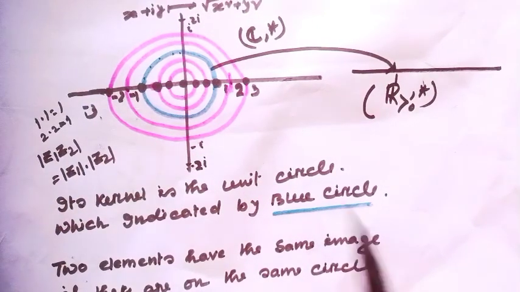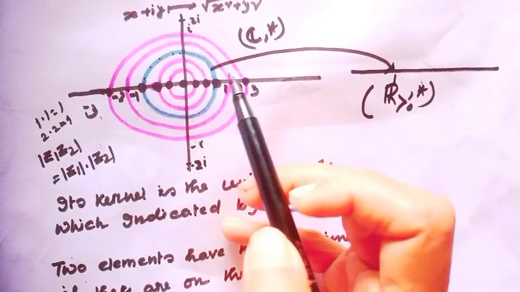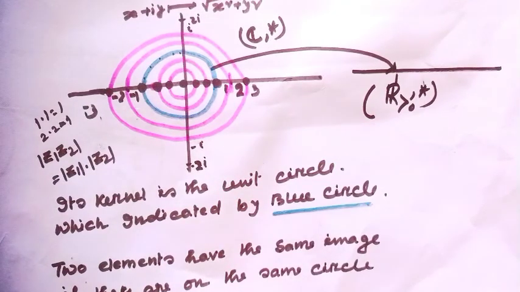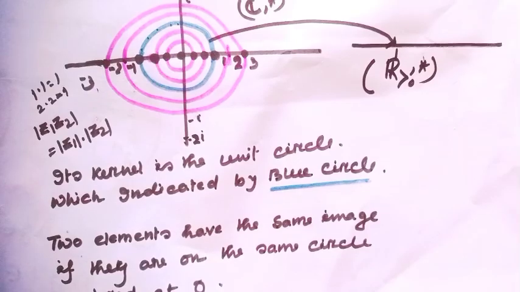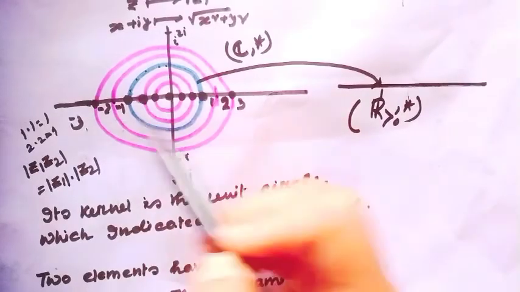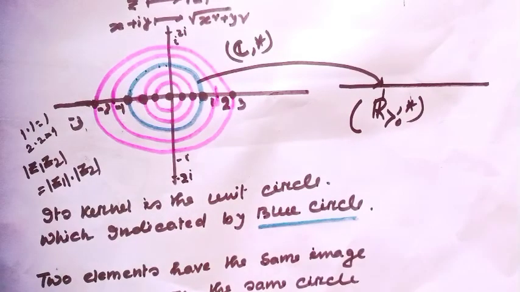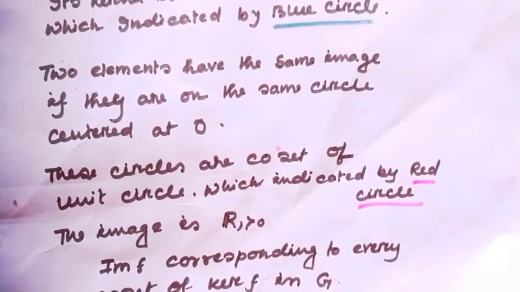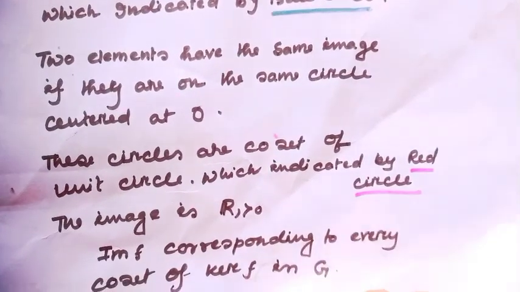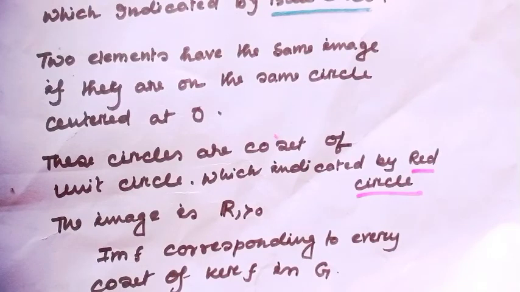So the circle of radius 2 is not a subgroup. That means the only subgroup here is the kernel, and the other circles are all cosets. And these red circles are the images of all positive real numbers. That means there is an image of f corresponding to every coset of the kernel of f in G.